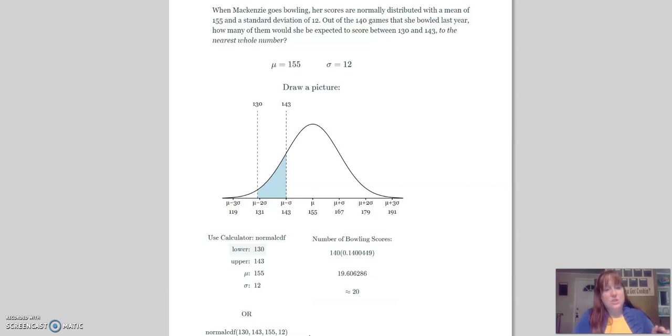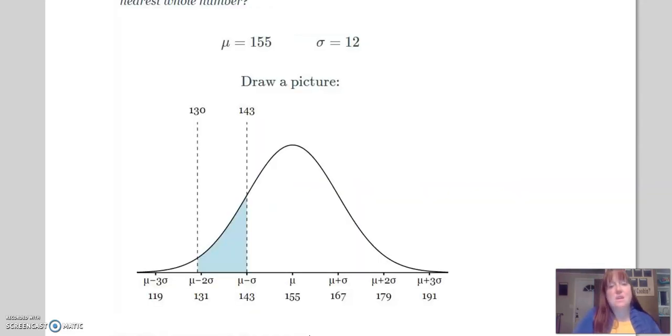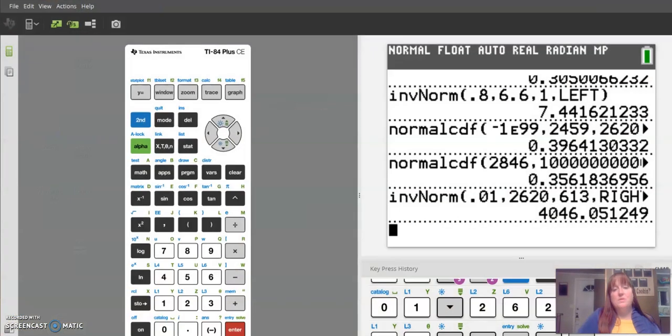Okay, so first things first, we have a mu of 155, or a mean of 155, standard deviation of 12, and we're trying to find first the percent in between 130 and 145. So this is going to be the normal CDF. Remember, this tells us how much area is in between two numbers on the curve.